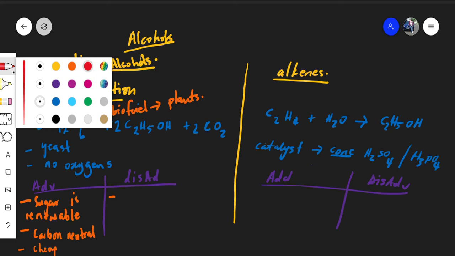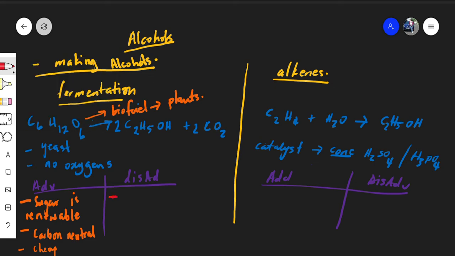The disadvantage for using this is that it is a batch process. What it means is that, for those that do business studies, they understand what it means to be a batch process.